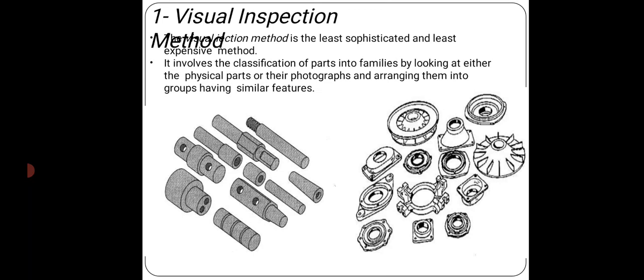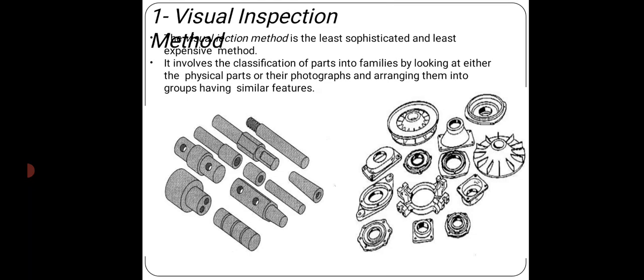You can see these images. It involves looking at parts, photos of parts, or drawings of parts, and arranging them into similar groups. This is a very simple method, because we can see the parts based on the design or manufacturing attributes.